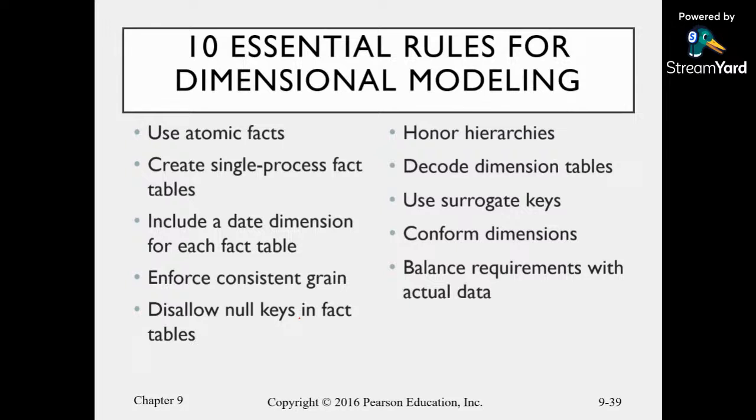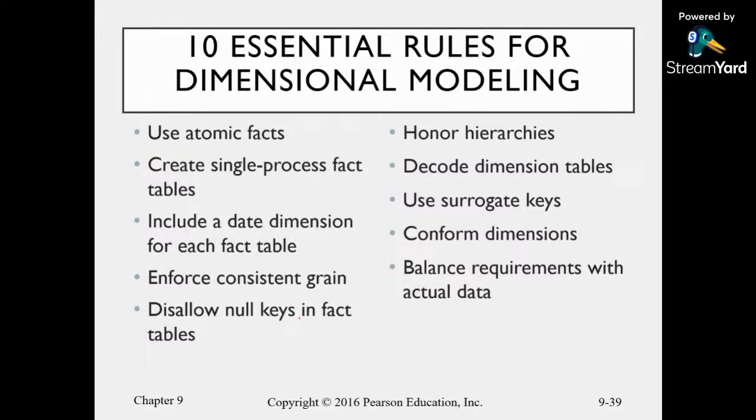Then we have seven, decode dimension tables. Store descriptions of surrogate keys and codes used in a fact table in the associated dimension table, which can then be used for report labels and query filters. Eight, use surrogate keys.